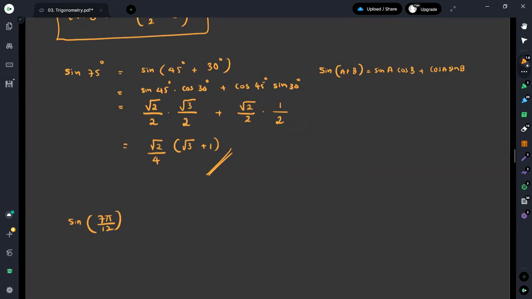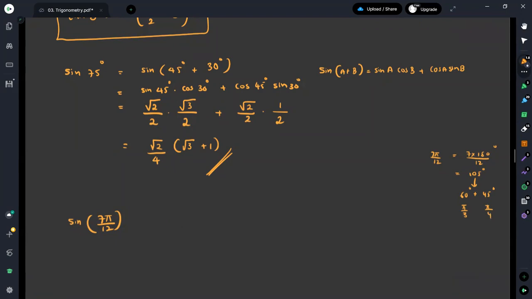If you are not familiar with radians, first you can convert it into degree measures just to have an idea. 7 pi over 12 is equal to 7 times 180 over 12 degrees, which is 105 degrees, and can be written simply as 60 degrees plus 45 degrees. Instead of 60, we can have pi over 3, and here pi over 4.